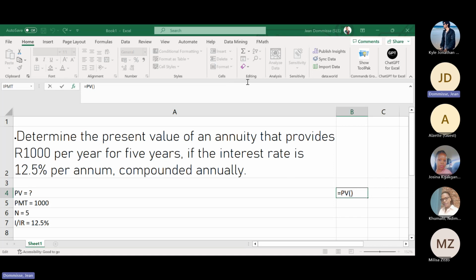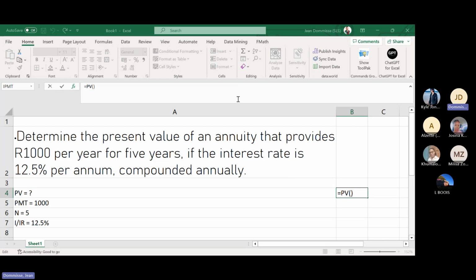So if it was monthly, we will just multiply by 12 again. We are going to put in a PMT, and then we know that because they say it will be paid out, your future value will be 0.